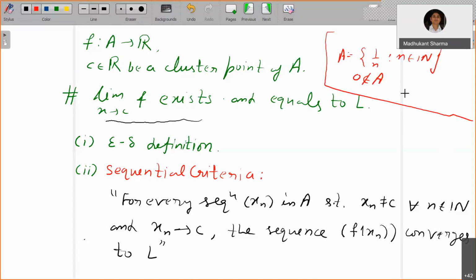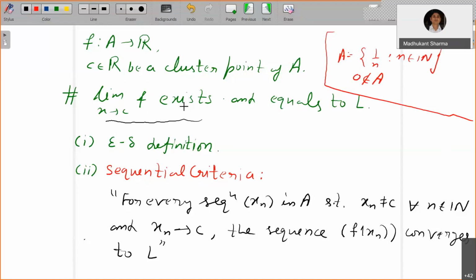If the limit exists and you are trying to say the limit equals f of C, that is the case of the next step. That is only possible when f is defined at C. So first of all, whenever you are talking about a limit, C may or may not be part of A. If you go to the next step, suppose C belongs to A, whether the limit exists and equals f of C or not is also a question.